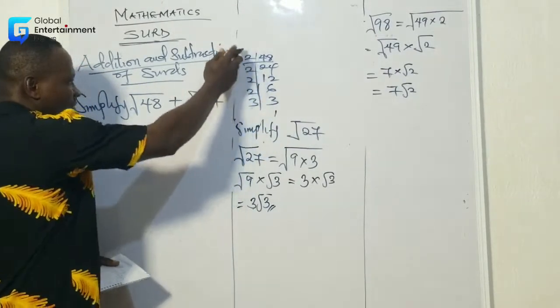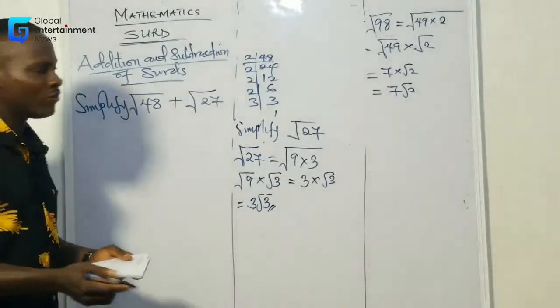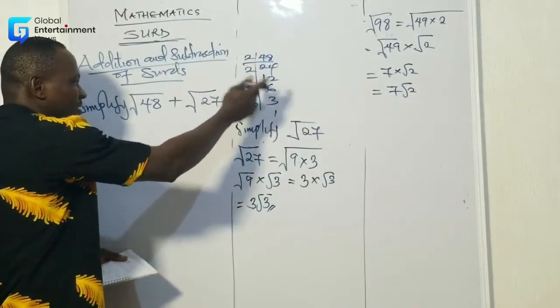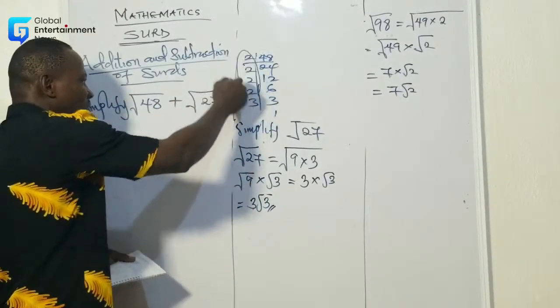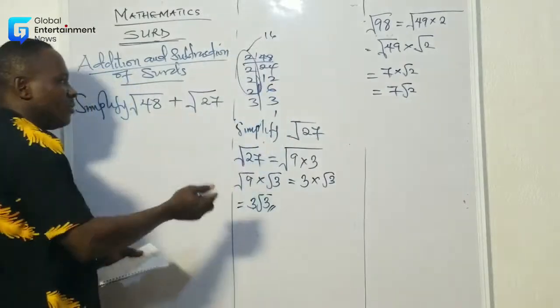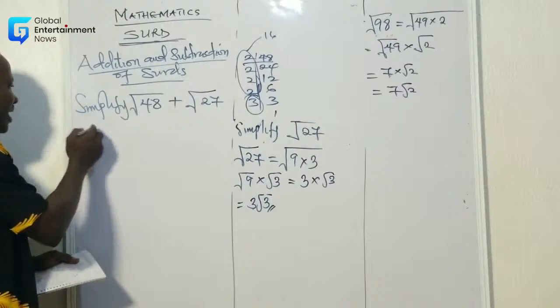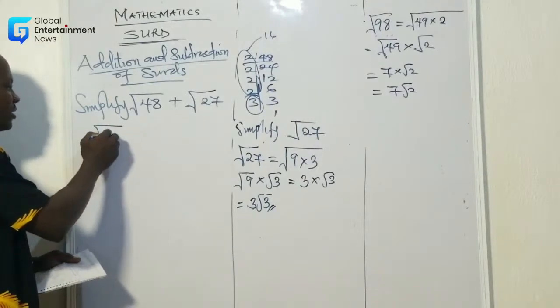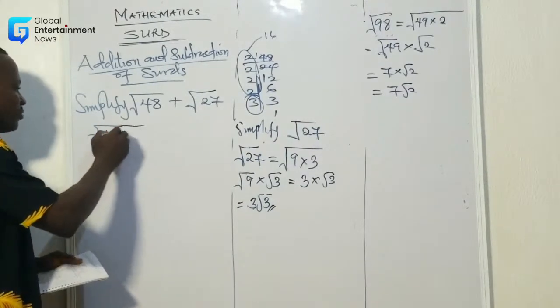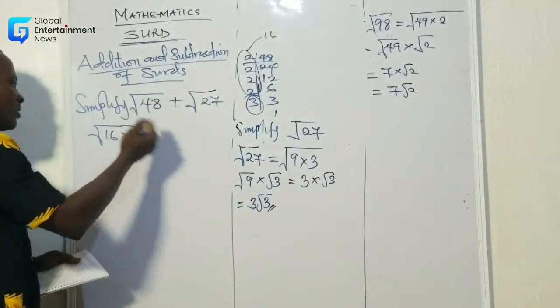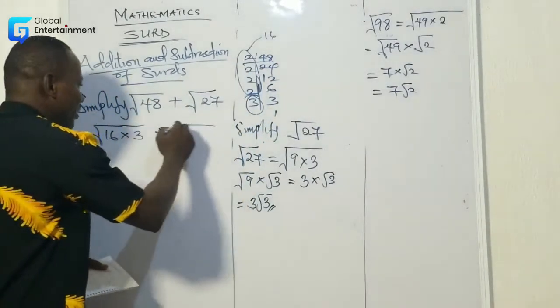But let's first multiply to get a perfect square first. 2 times 2 is 4, 4 times 2 is 8, 8 times 2 is 16. 16 is a perfect square, and we have the irrational number 3 here. So root 48 will give me root 16 times 3. 16 times 3 is 48.